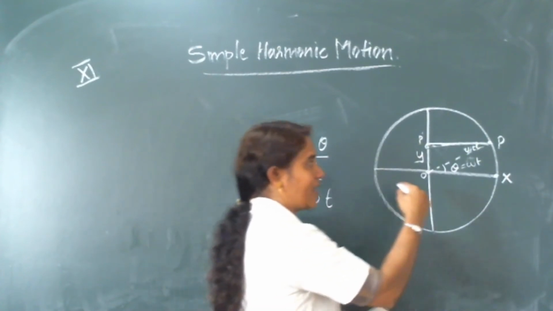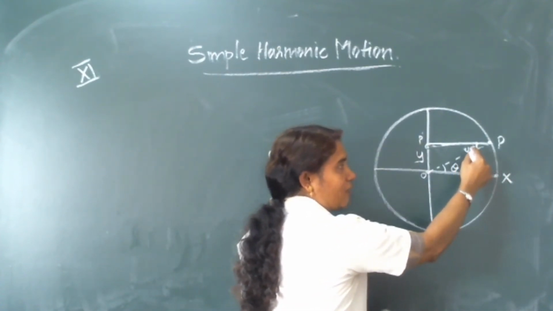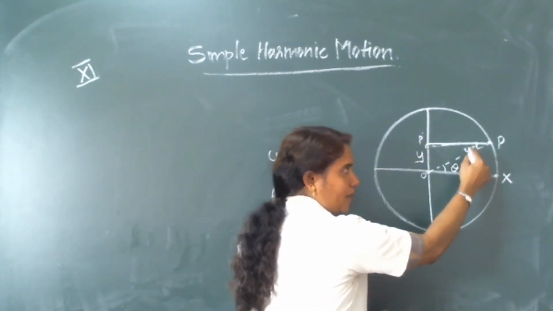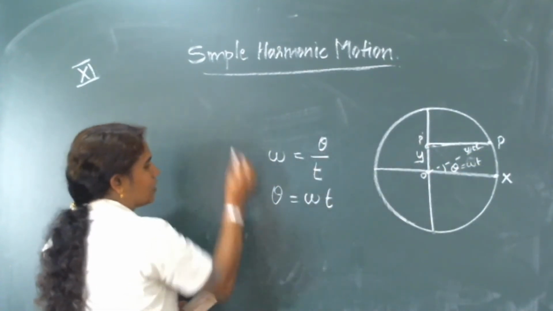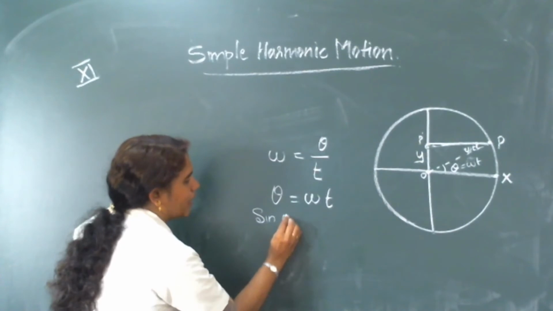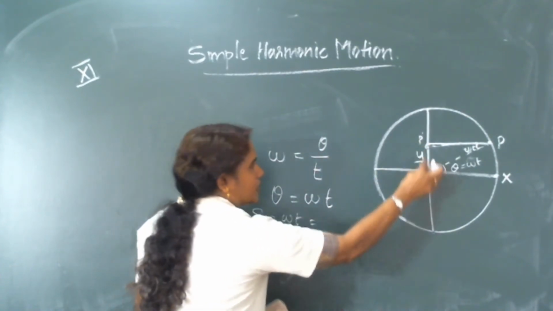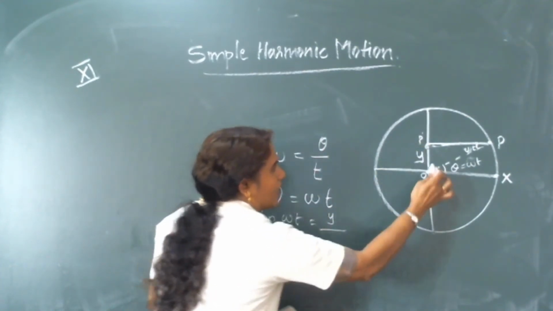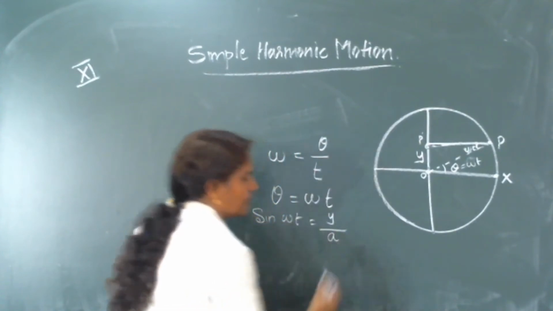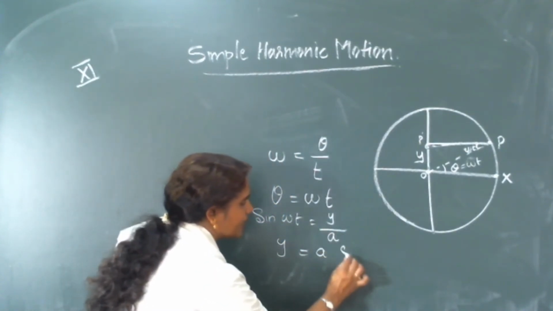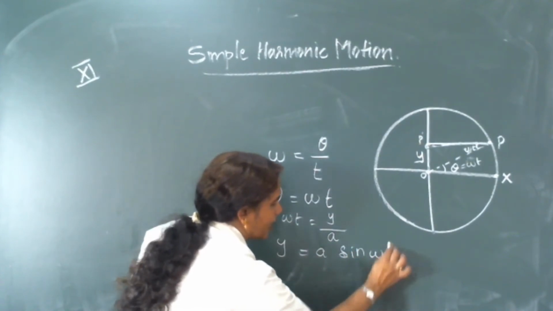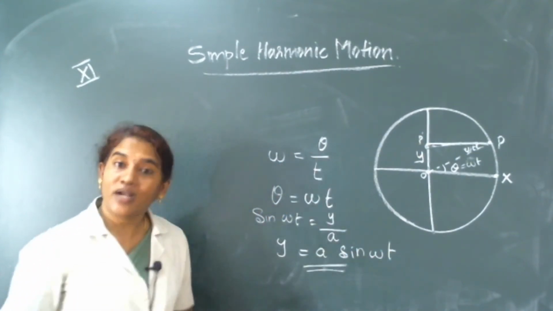When we calculate sine of this angle, sine omega t is opposite side by hypotenuse, that is, radius of that circle, so displacement y can be written as a sine omega t, that is simple harmonic motion.